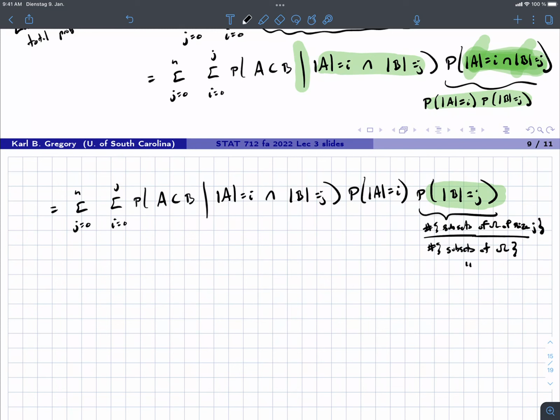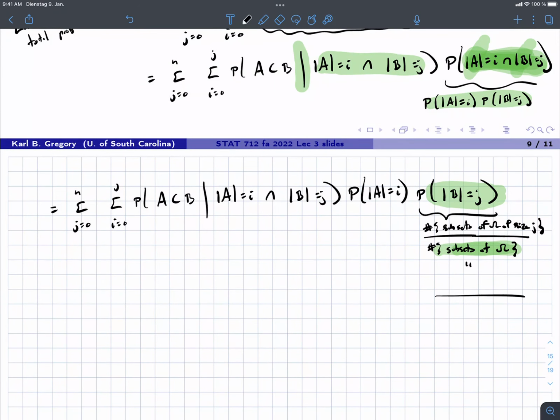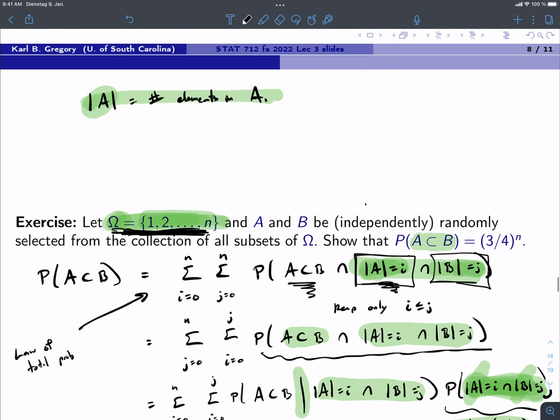Okay, let's figure out what this is from our counting rules. To figure out how many subsets there are, I can imagine that from all n of these, I go through all subsets by deciding yes or no, do I include each one or not?